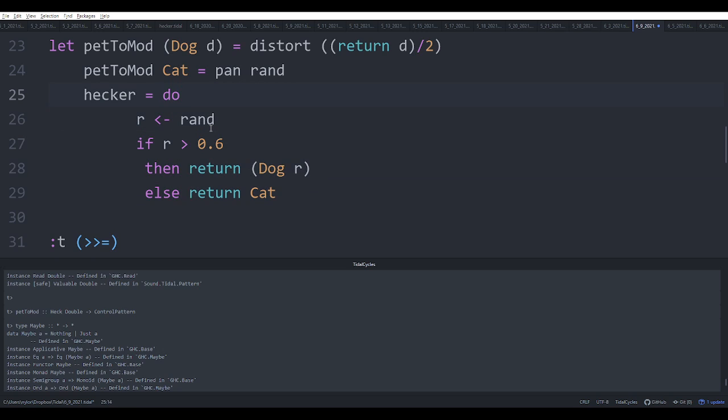So the do notation is basically just a syntactic shortcut for chaining functions together using this thing. And so what's an alternative definition of Hecker? Let's talk about that.